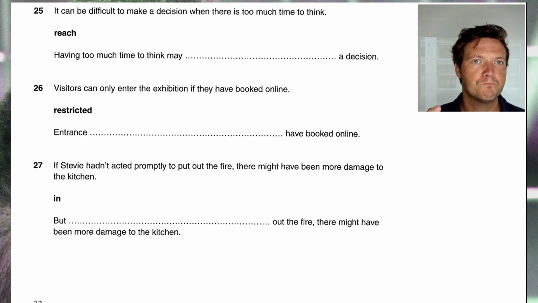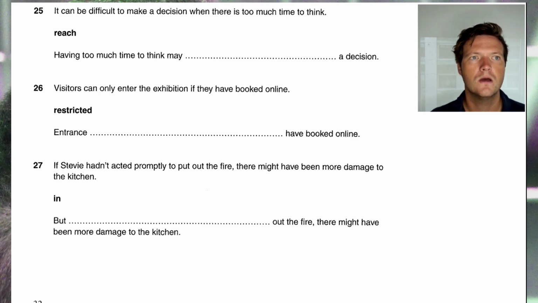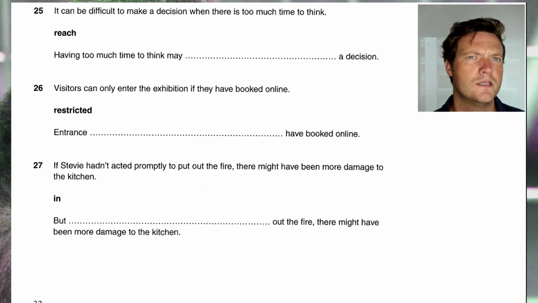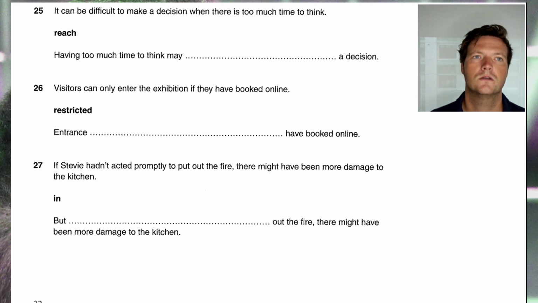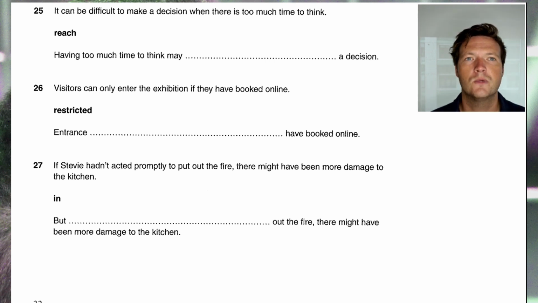That's the, making a decision can be difficult. That's the information that we are missing here. So another way of saying make a decision is reach a decision. So I think we're going to have reach a decision. Having too much time to think may reach a decision.